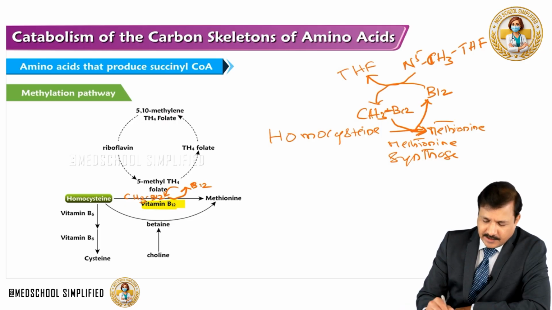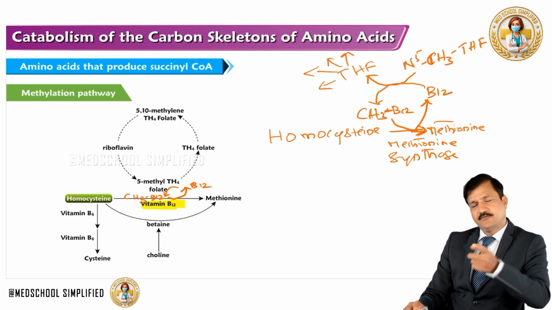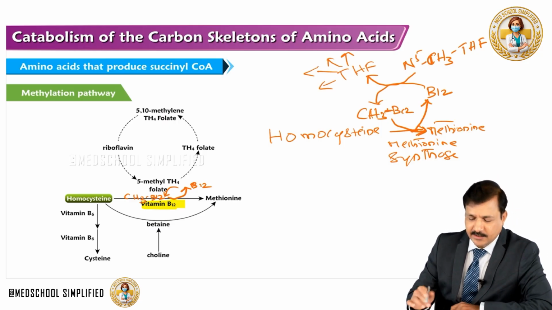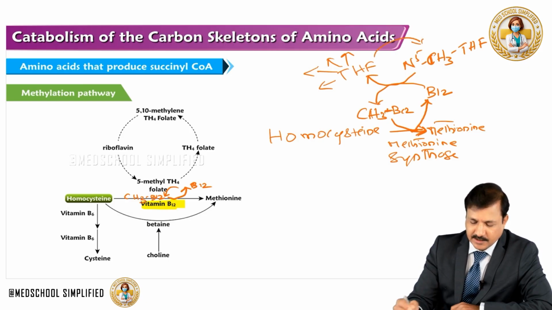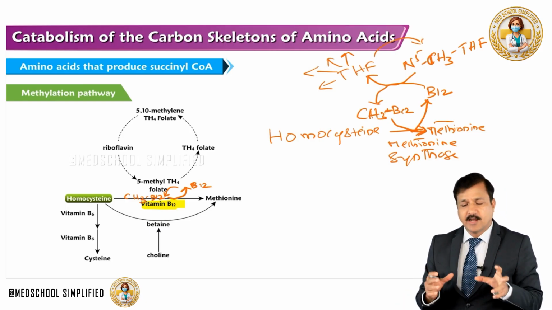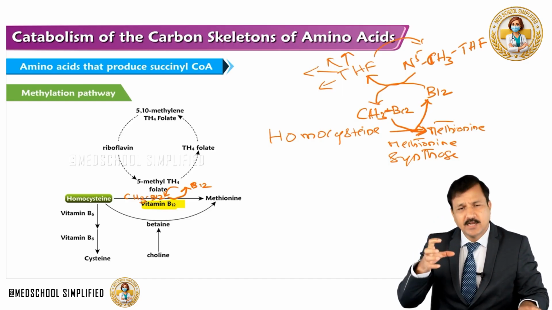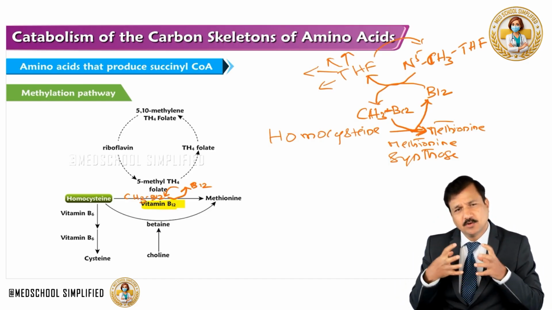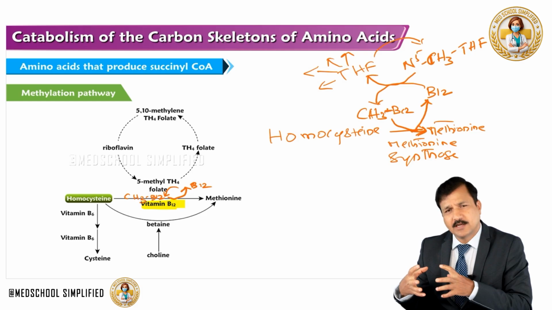And this tetrahydrofolate can go into different tetrahydrofolate formation, including reformation of tetrahydrofolate back into N5-methyl tetrahydrofolate. So overall, what happened here? Methylcobalamin is giving a methyl group to homocysteine to make it methionine.